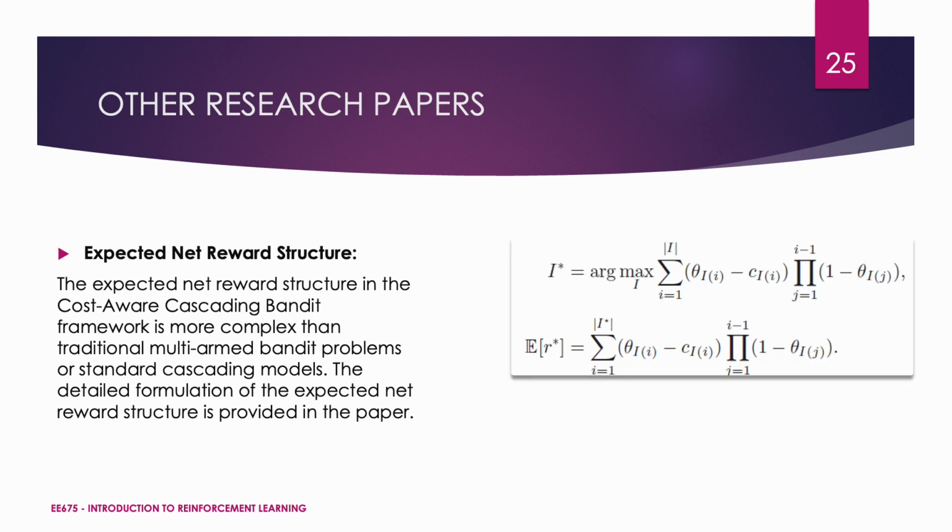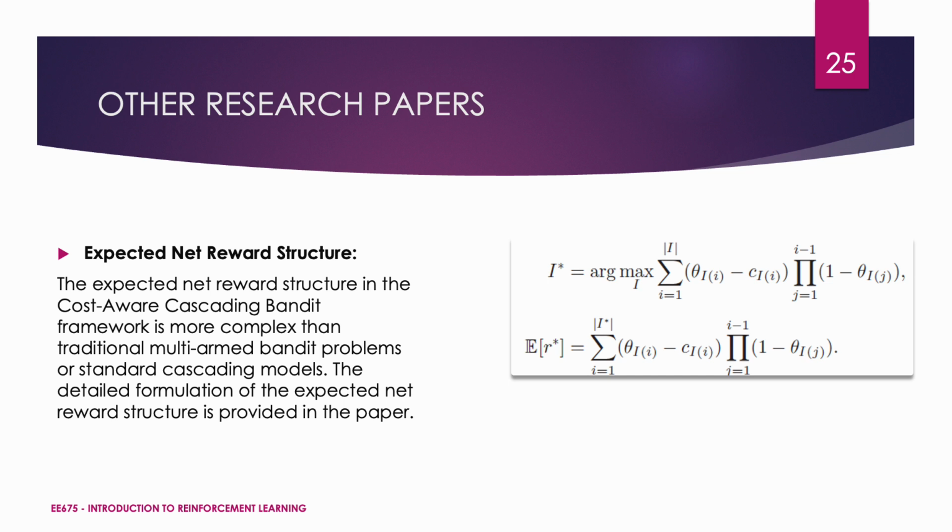The expected net reward structure in the CACB framework is more intricate as compared to the traditional multi-arm bandit problems or standard cascading models. This complexity arises from the integration of cost considerations into the reward optimization process. The paper provides a detailed formulation of the expected net reward structure.